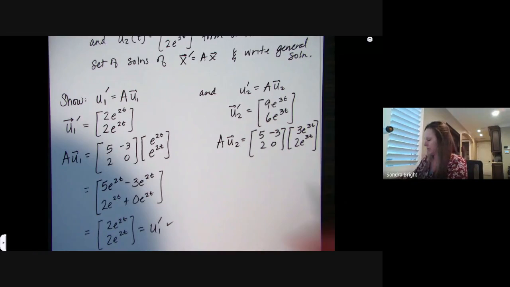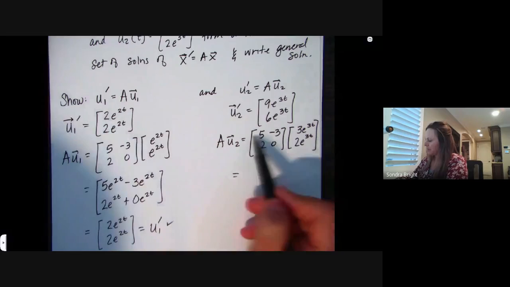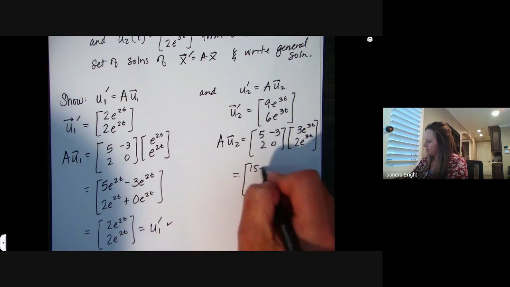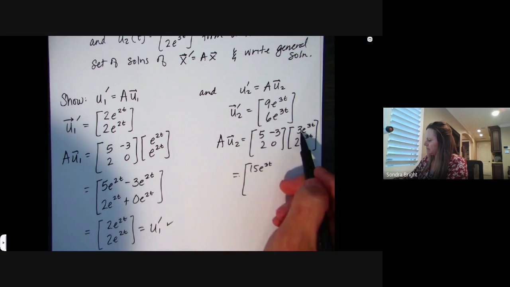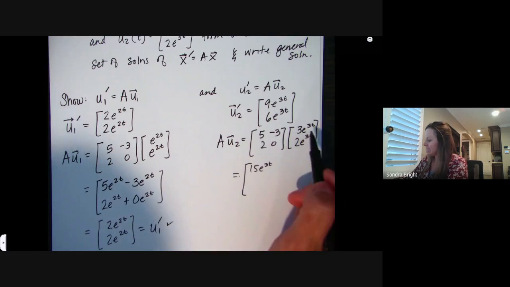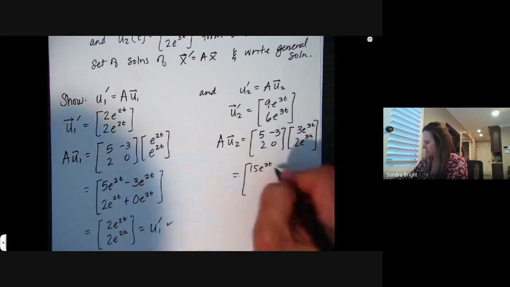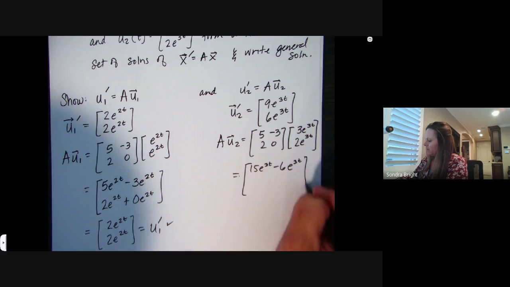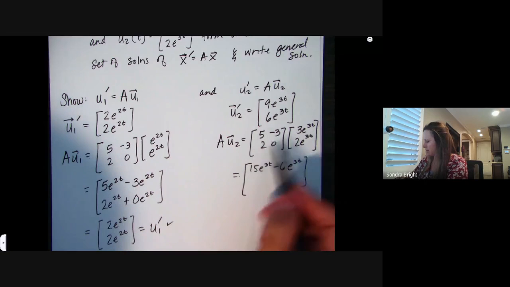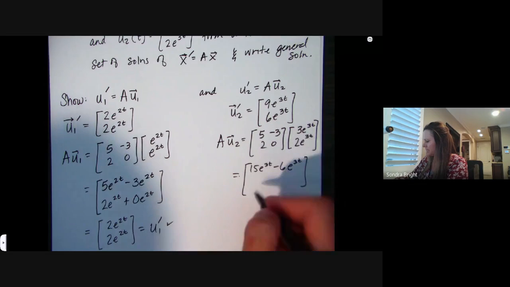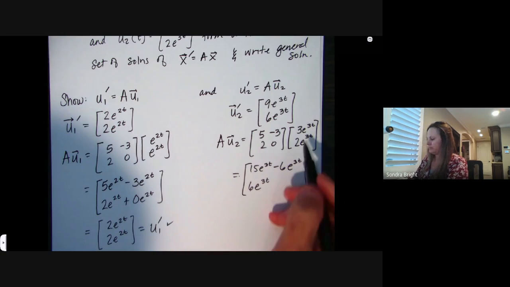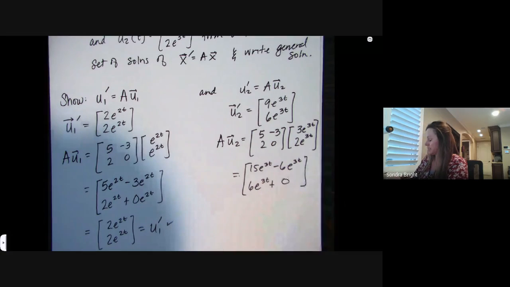Multiplying row times column, that's 15e to the 3t, 5 times 3e to the 3t, and then plus negative 3 times 2e to the 3t, so minus 6e to the 3t. Row 2 times the column would be 2 times 3, so 6e to the 3t, plus 0 times 2e to the 3t.